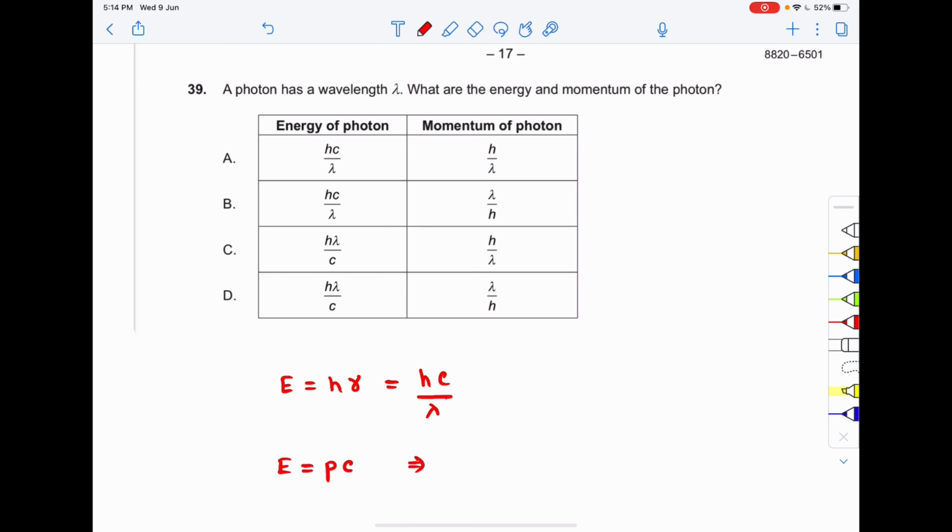So momentum p is equal to E by c. And what we derived, E as hc by lambda, so hc by lambda divided by c. So momentum comes out to be h by lambda. So the energy is hc by lambda and momentum is h by lambda, which corresponds to option A. So question number 39, option A is the correct option.